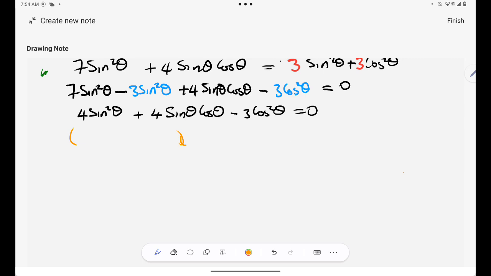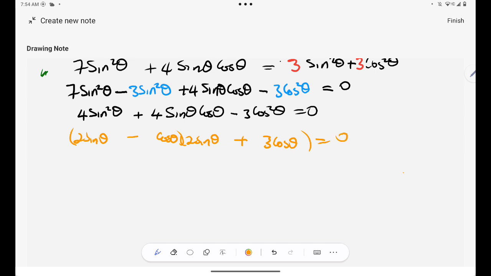Open 2 brackets. We have 2 sine theta, 3 cos theta, I have a plus here and a minus there. All together, this thing is equal to 0.